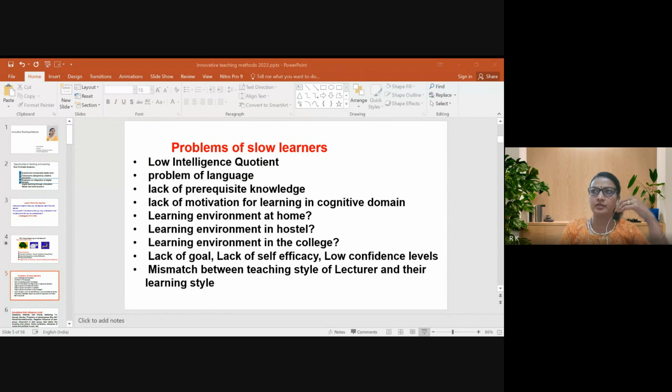One is the slow learners, another is the troublemakers. The learning environment at home needs to be appropriate and very congenial, and the learning environment in the hostel or wherever they stay should be good. If it's not good, or if they have any issues, then we always have mentoring sessions. But even then, there should not be any mismatch between the style of the lecturer and the learning style, so we need to take care of that. So that is one.